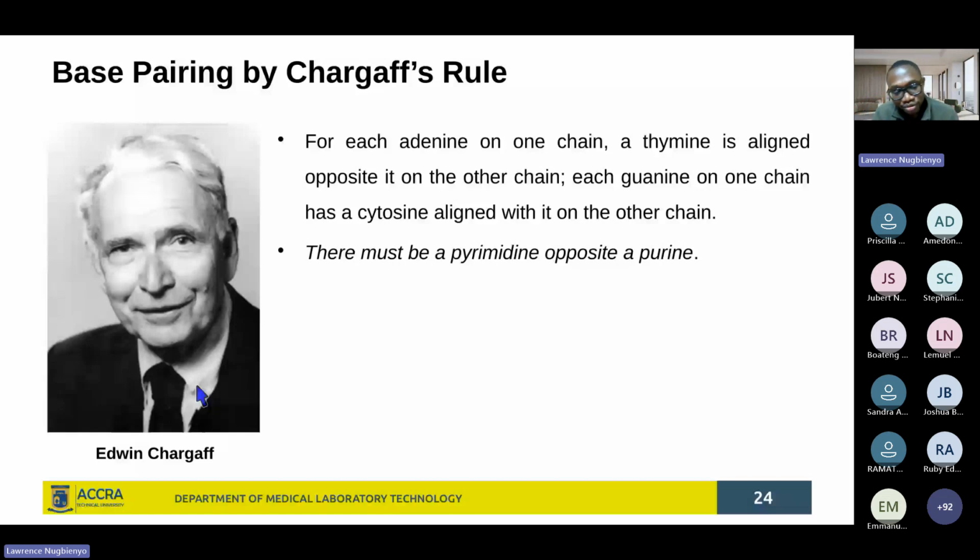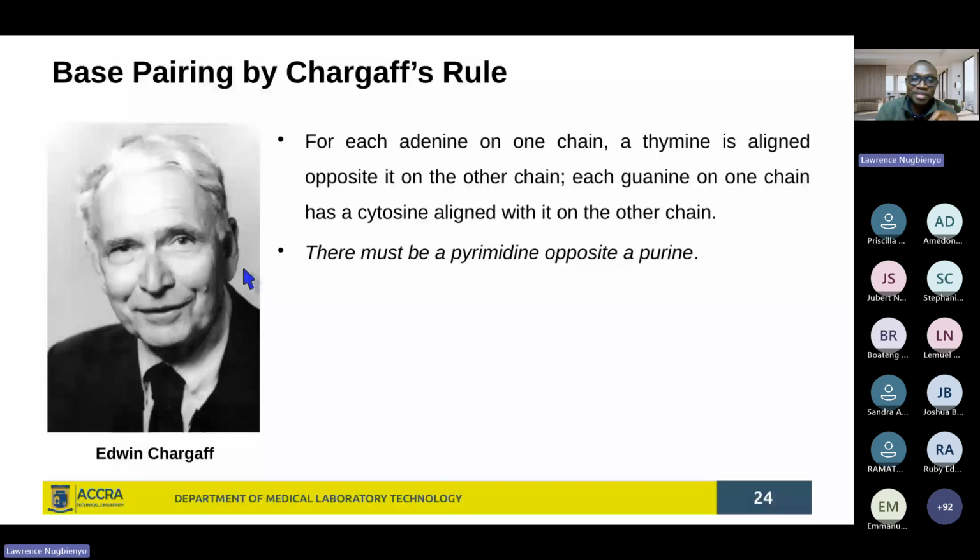So the Chargaff rule simply is stating that in a nucleic acid strand, specifically DNA, you have a purine pairing with a pyrimidine. But you also keep in mind that the rule is telling you that adenine pairs with thymine and guanine pairs with cytosine.